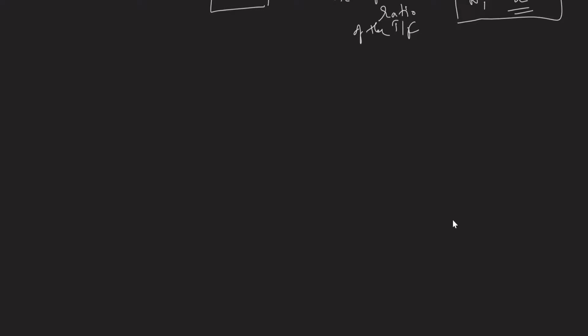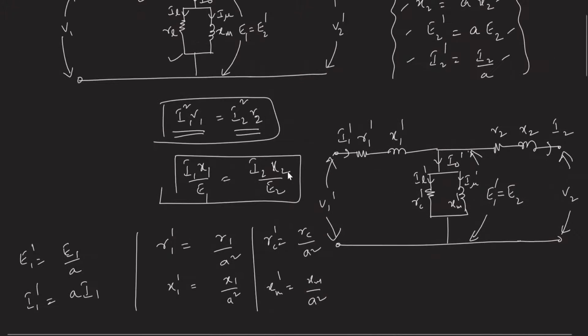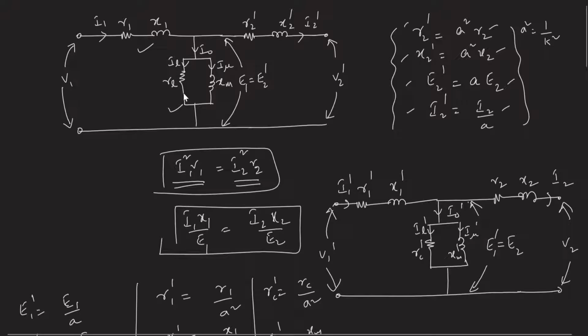Normally this transformer equivalent circuit is not so frequently used, because here it increases one node. This is the input node, and this is the output node, and this adds one more node.